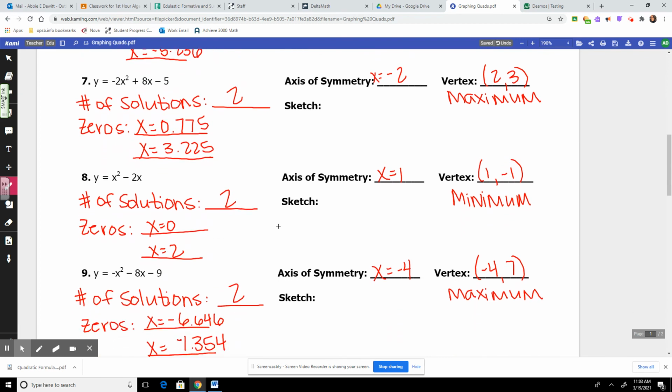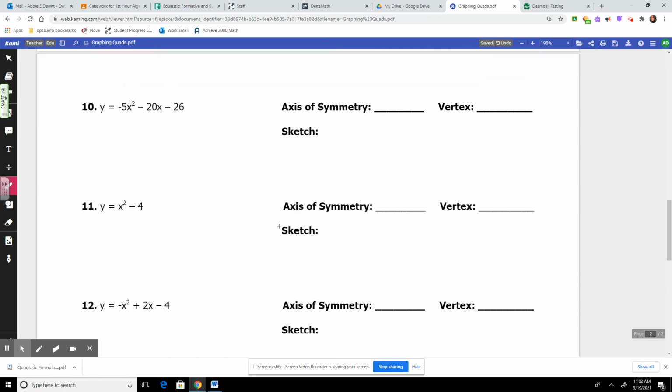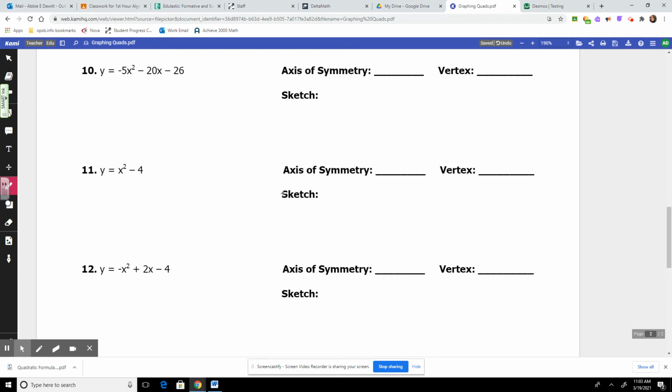Okay, now that I've done 4 of them for you, I want you to pause your video and see if you can do the remaining ones on your own and then come back and check your work. Okay, so I'm not going to flip back and forth from Desmos to graph and show you. I'm just going to give you the answers at this point.